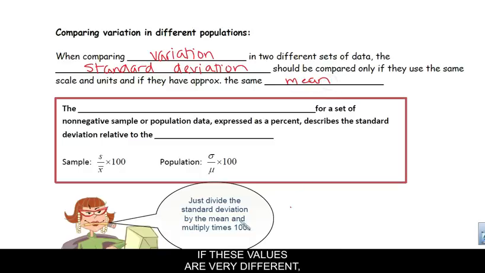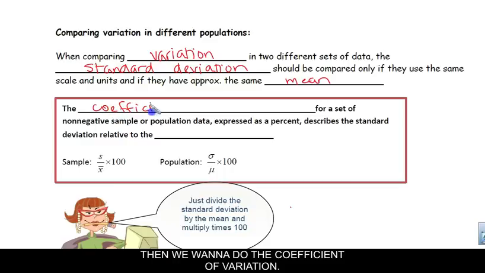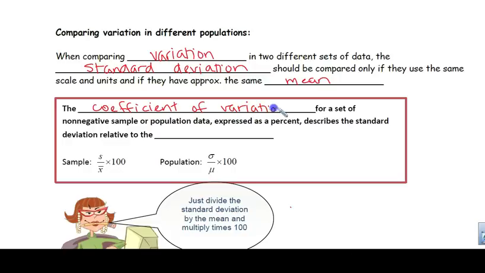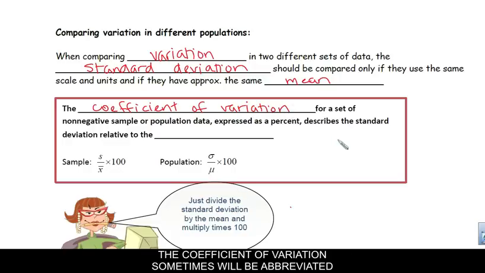If these values are very different, then we want to use the coefficient of variation. The coefficient of variation sometimes will be abbreviated as CV.